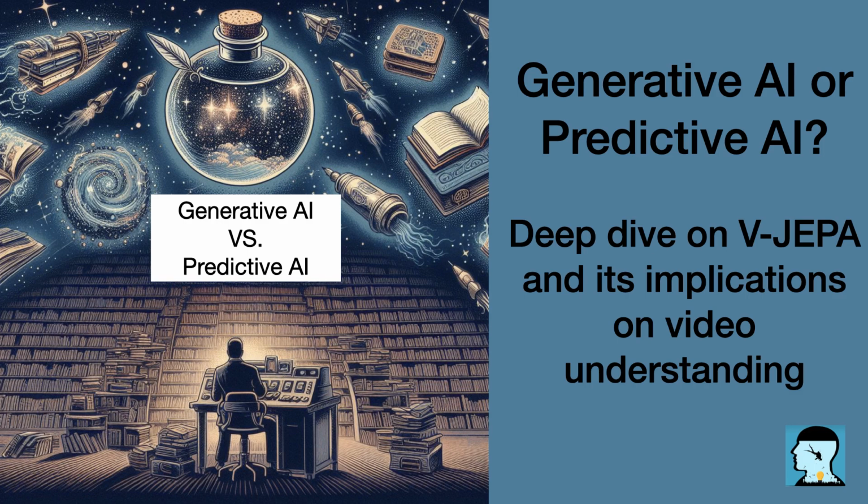Transformers are neural networks that excel at processing sequential data, such as video sequences. In V-JEPA, the transformer encoder processes the visible parts of the video clip, capturing the context and relationships within the sequence. This encoded residue is then fed into the transformer decoder, which generates predictions for the masked regions.